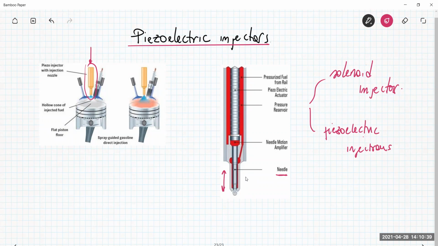Very high-performance cars have this kind of piezoelectric injectors because they reduce, for example, the unburned gases, reducing the pollution level in the environment, and you can also get maximum efficiency of the motor, reducing the quantity of fuel that is wasted, etc.